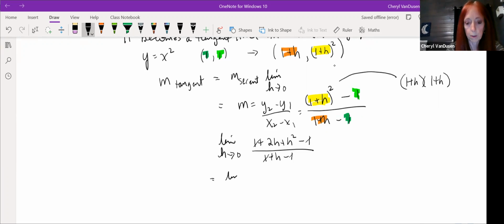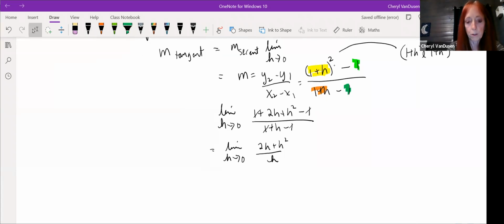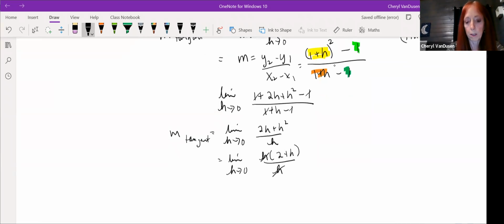And we're going to get the limit as h goes to 0 of 2h plus h squared all over h. You see a little bit of factoring maybe. Again, we're finding the slope of the tangent line. So last step here, we factor an h out and we get 2 plus h all over h. Now we can cancel those. And now we can apply the limit as h goes to 0. We're putting a 0 in there and we get 2.